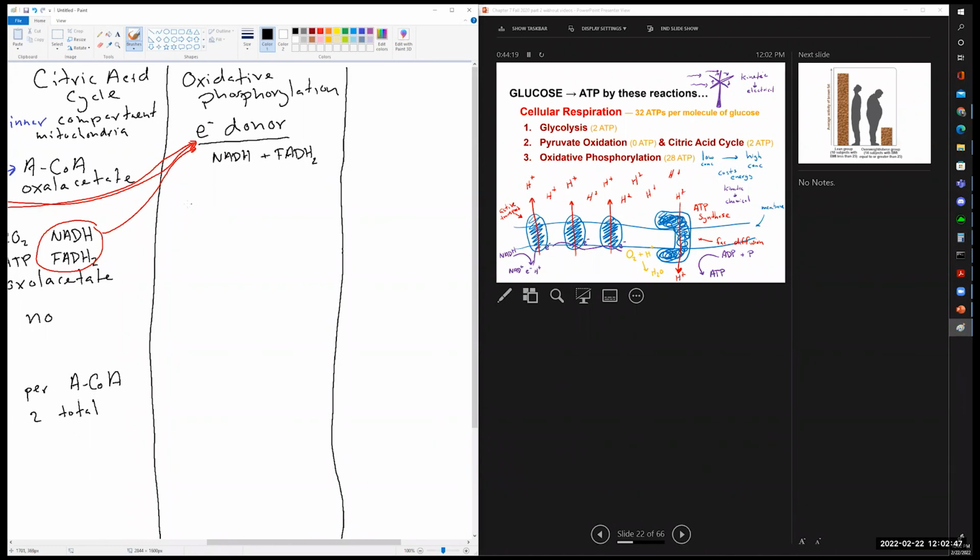We also want to think about who is the electron acceptor. The electron acceptor is who waits at the end of the electron transport chain to pick up the electron as it's moving. If they aren't there, then the electron isn't going to leave home and go on its trip. So the electron acceptor is oxygen.